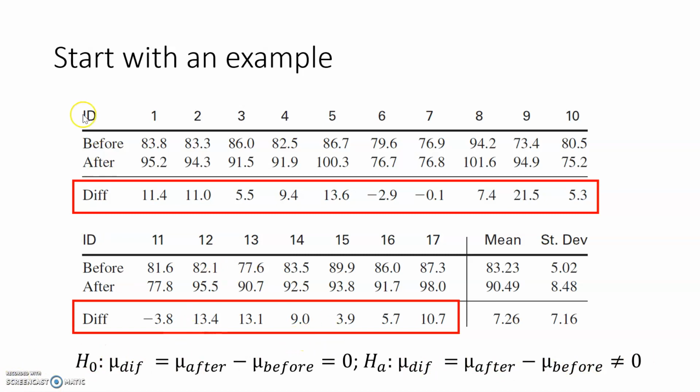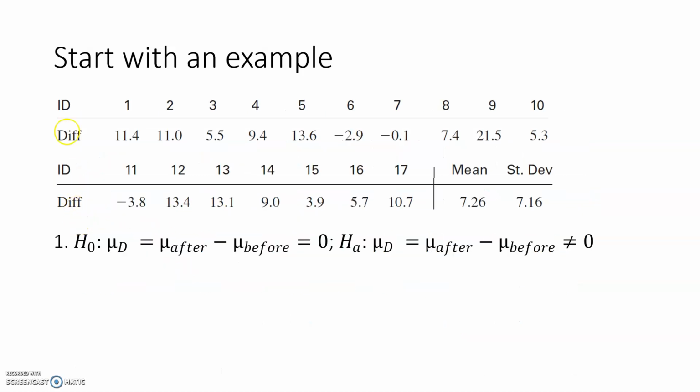And this brings us to the t-test we are so familiar with. We're going to work on this new data set created by us, and apply all the same procedures with the t-test. Okay. So here is the difference scores data set, and the mean is 7.26, standard deviation is 7.16.